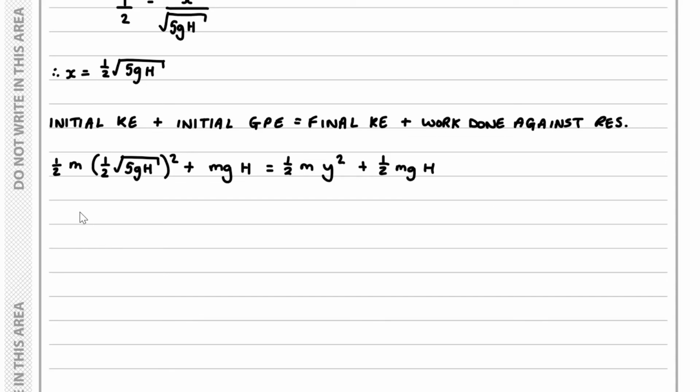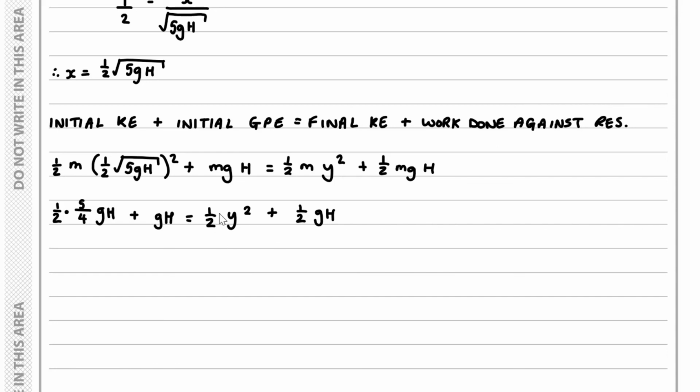So here we've got 1/2 multiplied by 1/4 times by 5gh. So here we've got 5/4 gh, and then we add on gh. This is equal to 1/2 y squared plus 1/2 gh.